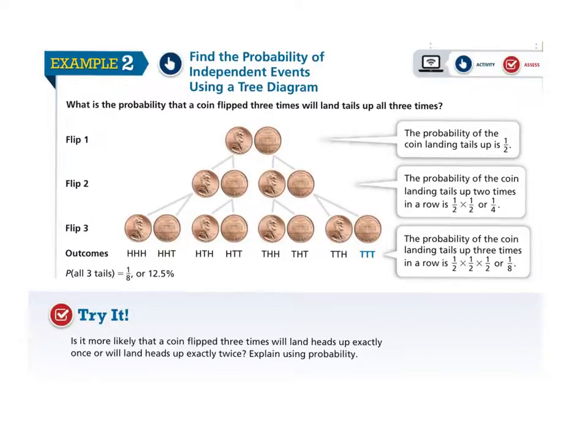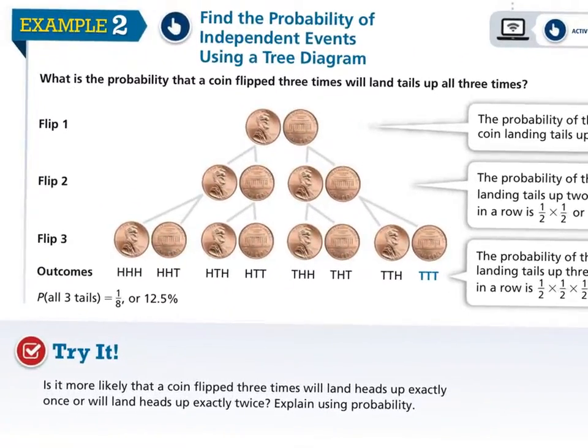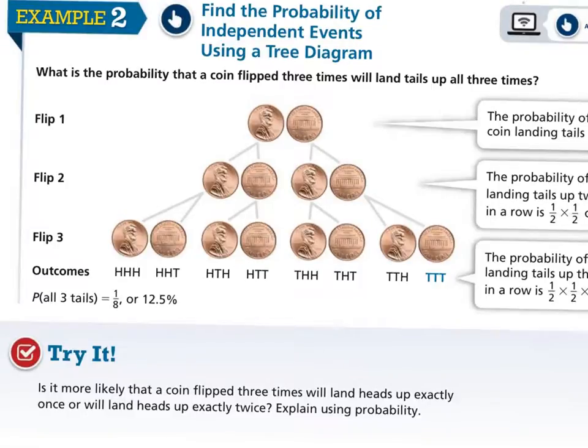Example 2 talks about how we can use a tree diagram. What is the probability a coin flipped 3 times will land up tails all 3 times? And for a problem like this, this is an option for us. Sometimes, depending what we're doing with flipping coins and things, doing a tree diagram or a table is going to be a beneficial way of finding the answer.